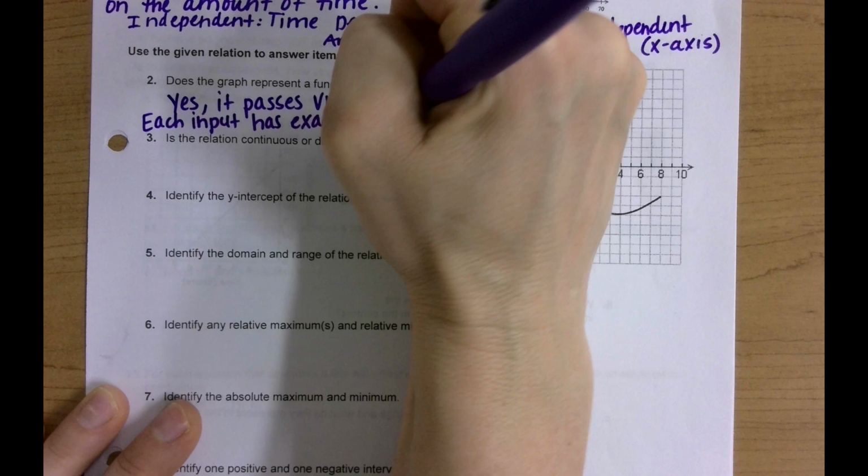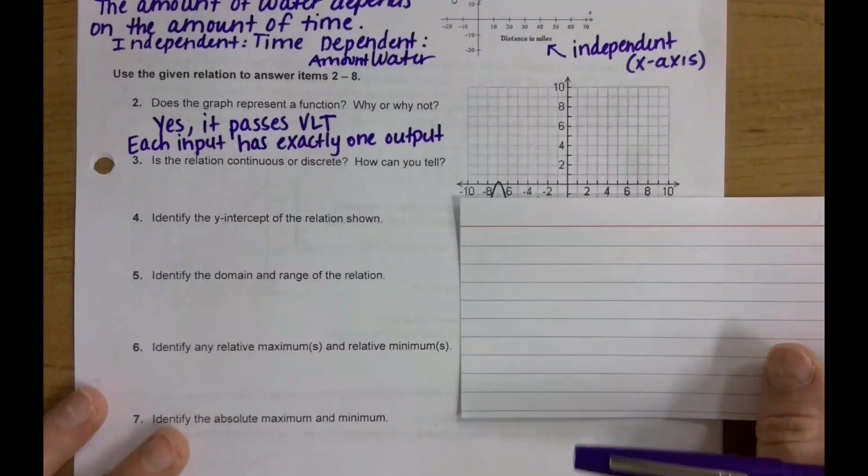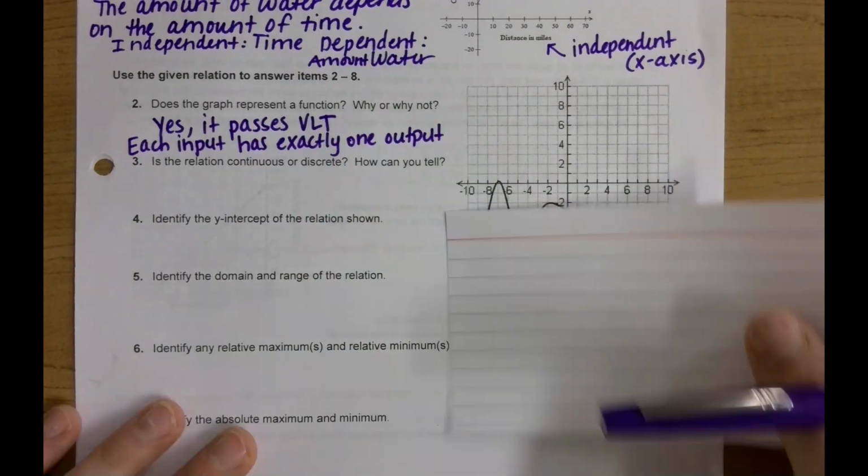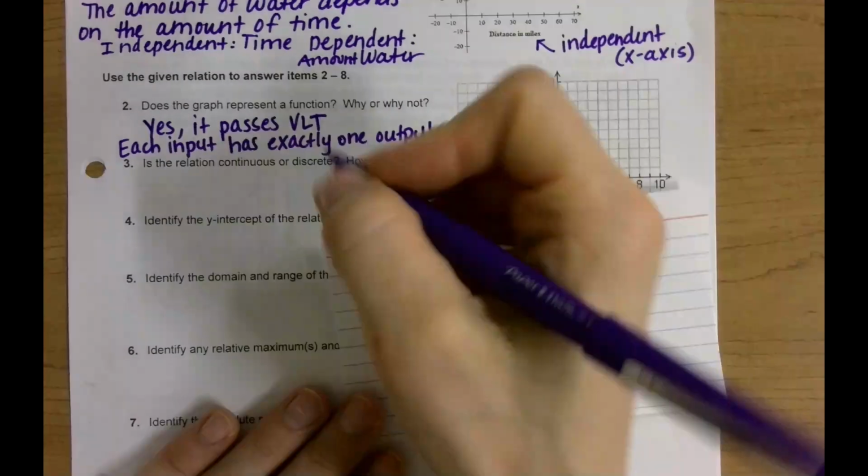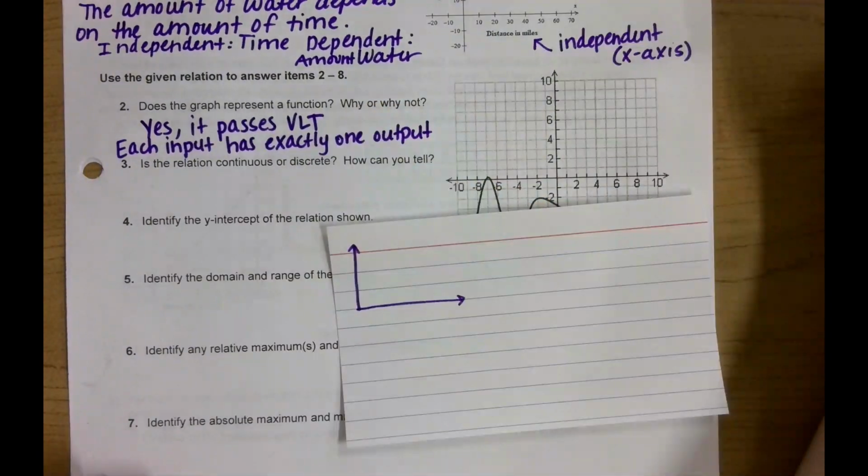I also strongly encourage you to use a 3x5 note card to add any notes that you may need. Let's go back to number 1. I won't write everything on here, but I just wanted to model a few things to give you ideas of how you could use it.